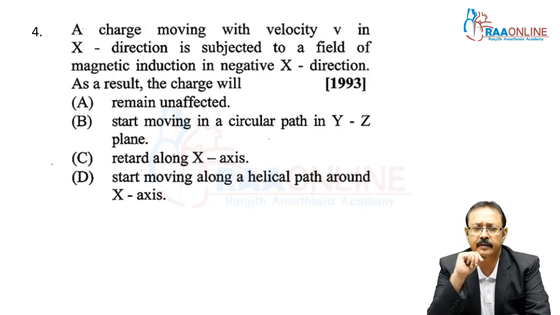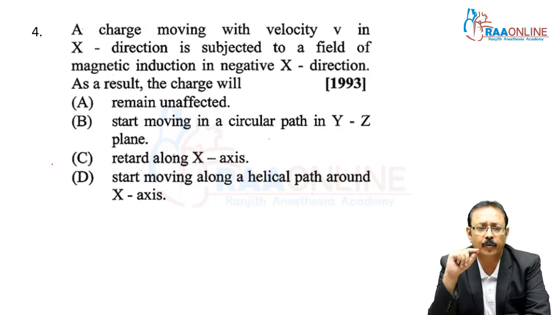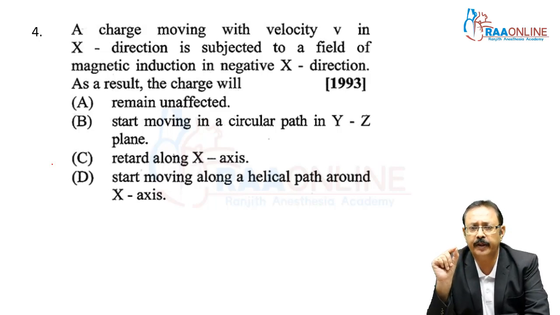As a result, the charge will remain unaffected, start moving in a circular path, retard along x-axis, or start moving along a helical path around x-axis. What is the formula? Lorentz force. Lorentz force was F is equal to qBv sin theta.